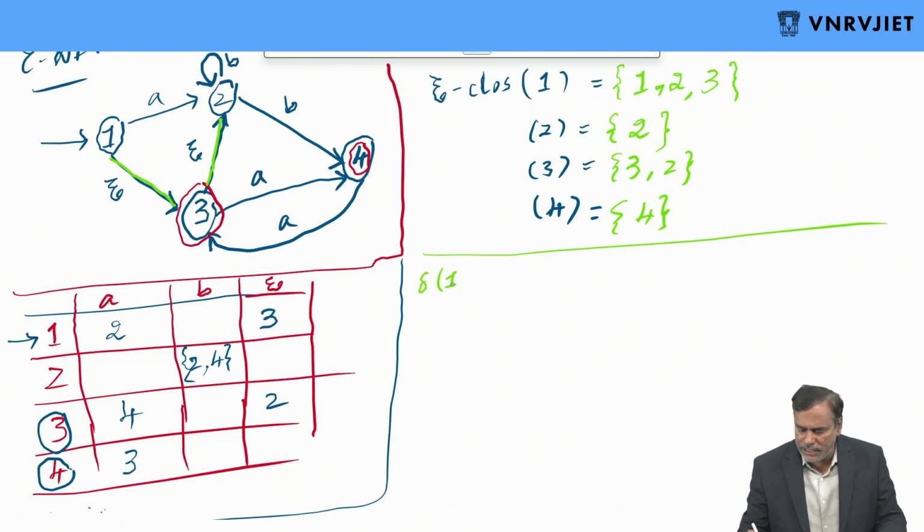Suppose you want to find delta of 1, A. What you are supposed to do is this. First, take the epsilon closure of the state. Here the state is 1, and then you apply the transition function delta, and then once again you apply the epsilon closure. That is how you find it for a state.